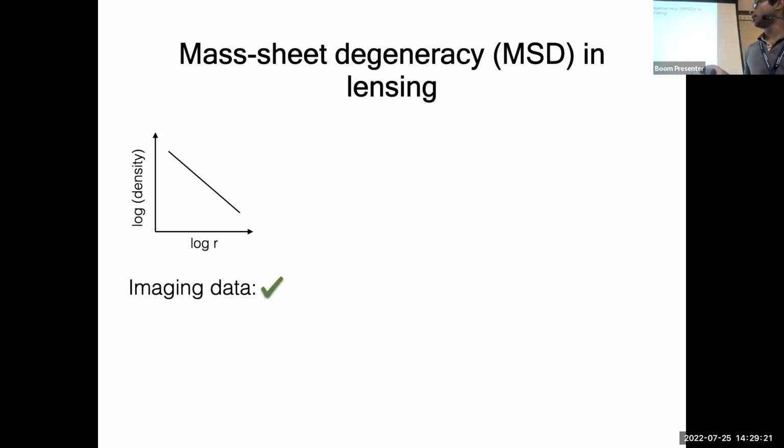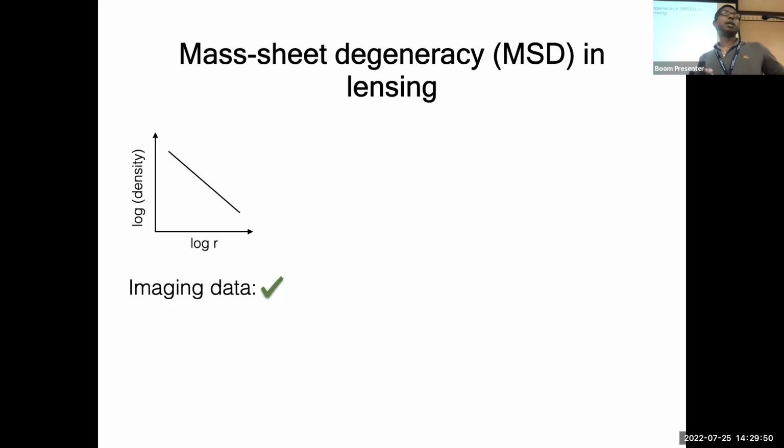So if we take the density profile to be a power law, so if in the log-log plot of density versus radius it would be a straight line. And this kind of model fits very well to the imaging data that we have in strong lensing. And also this is motivated by previous observations from non-lensing observations, for example, stellar dynamics of local elliptical galaxies and X-ray intensity observations.